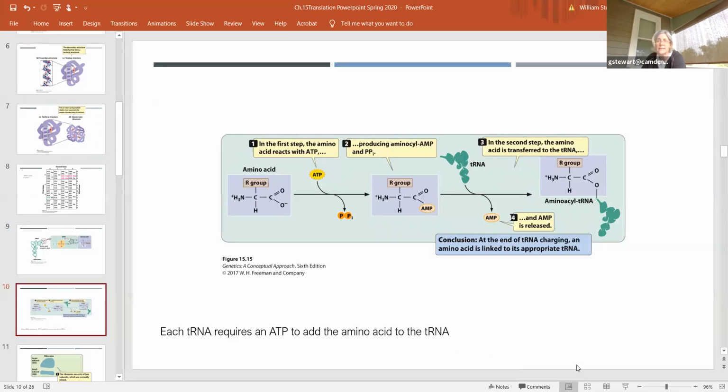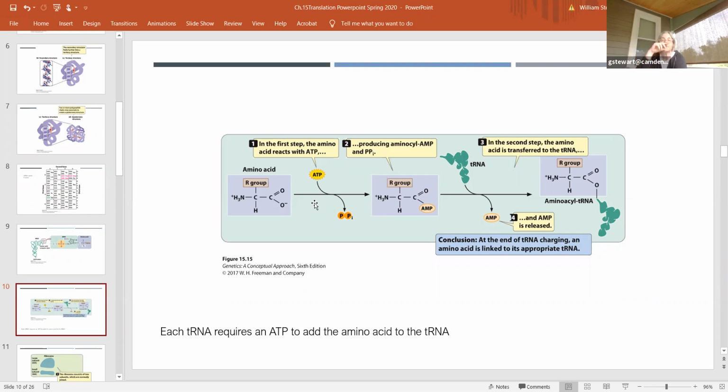This process requires an ATP in order to charge the transfer RNA. This is important because we're going to count this. If I asked you how many ATPs would be needed to translate a messenger RNA sequence that had 89 codons, you would have to add 89 more ATP molecules, because the charging of each of the transfer RNAs counts as an ATP.